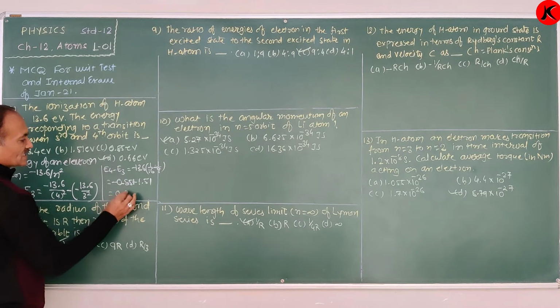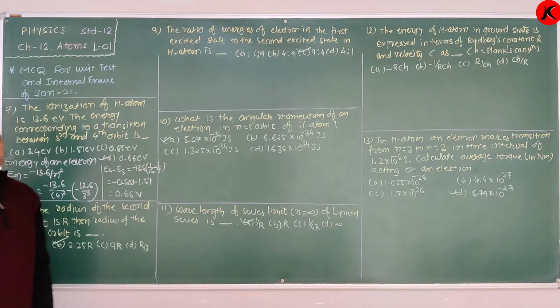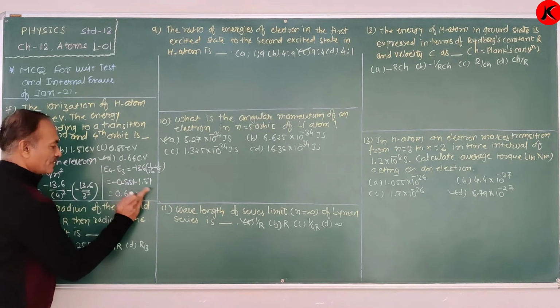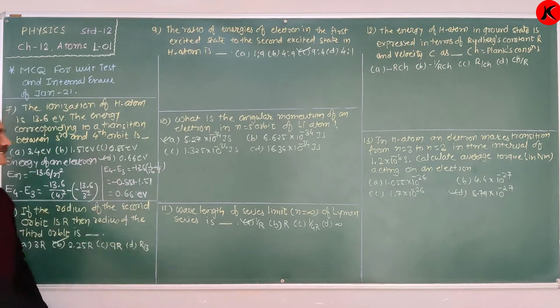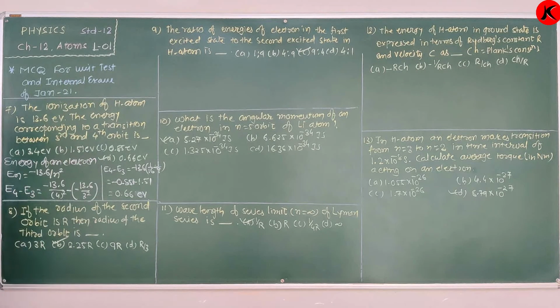Therefore, 0.66 electron volt is required. That is the energy difference, or the energy required to make the transition of an electron from third to the fourth orbit in hydrogen atom.